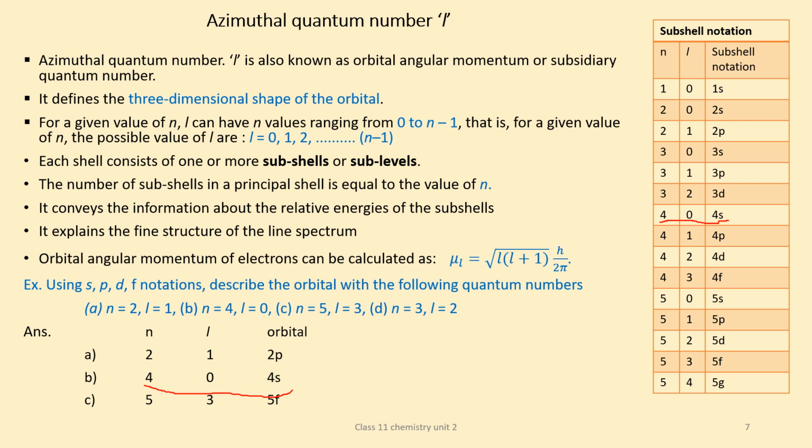Next question, part C. n is equal to 5 and L is equal to 3. So n is equal to 5 is here and L is equal to 3 is here. So it is 5f.